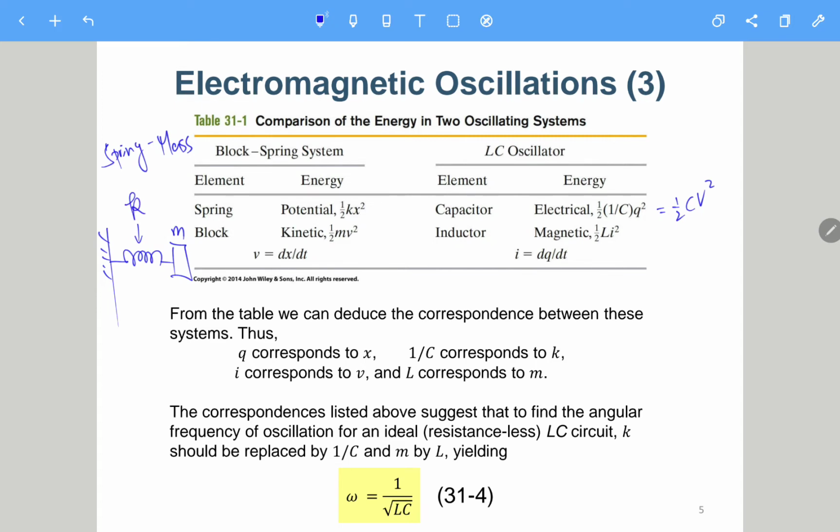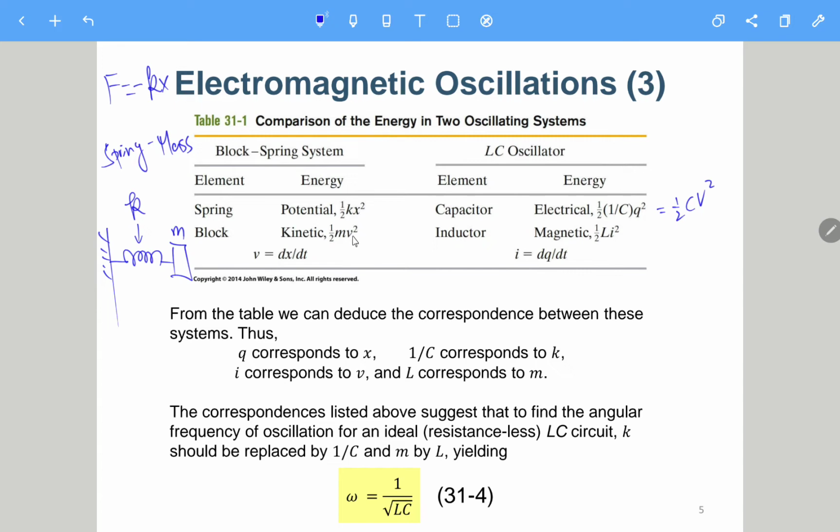If you still remember Hooke's law, F equals negative kx. The energy stored in the spring will be half of kx squared, and the kinetic energy of the mass will be half of mv squared.